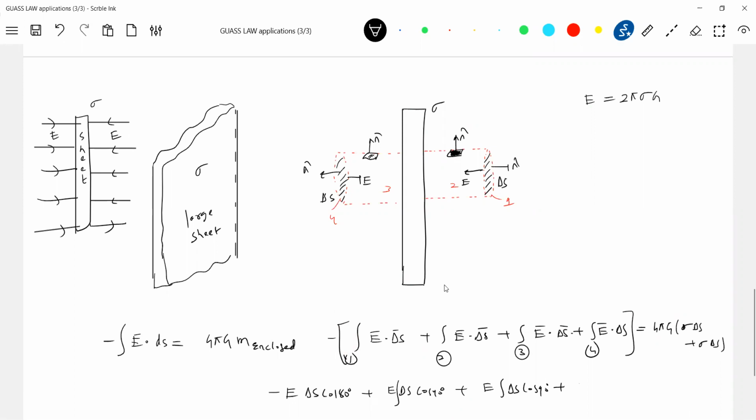In books, if you see E shown negative, it means it will be towards the body. So let me eliminate that negative sign, otherwise you'll get confused. Equal to how much will it be? 4 pi g times 2 sigma delta S.